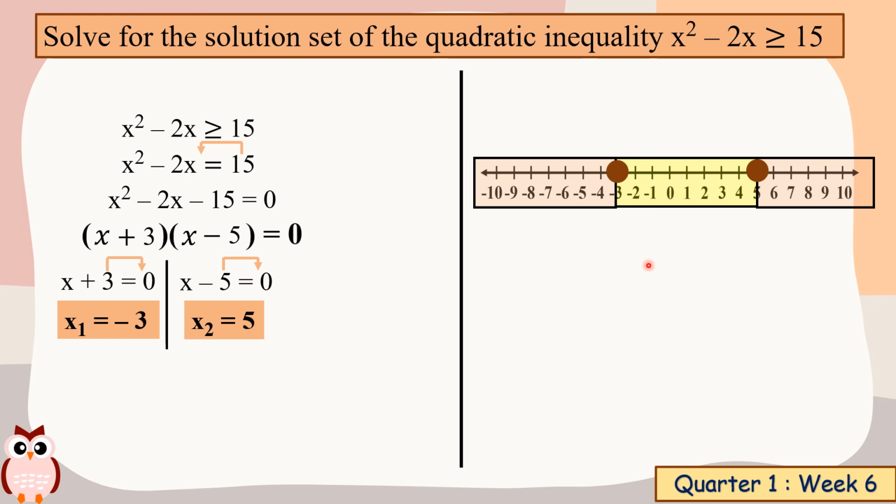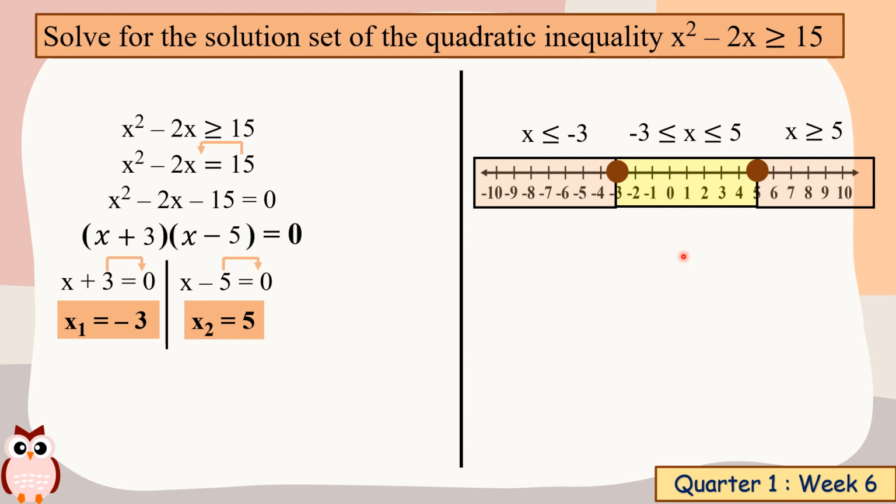So on the left side, these are the values of x that is less than or equal to negative 3. Then on the right, these are the values of x that is greater than or equal to positive 5. Then yung nasa gitna po, in the middle, we have here the value of x that is less than or equal to positive 5 but greater than or equal to negative 3.